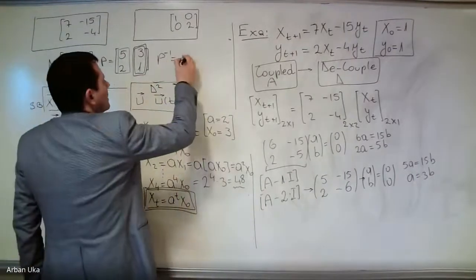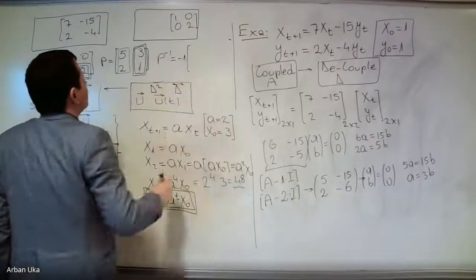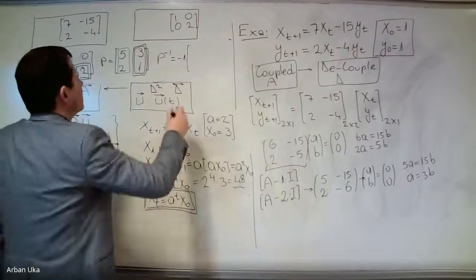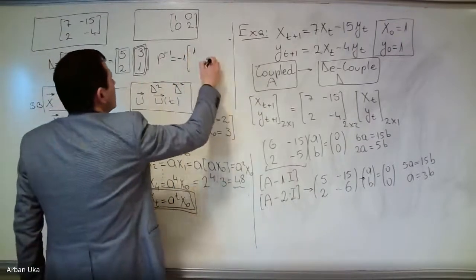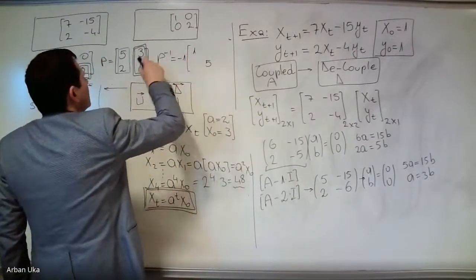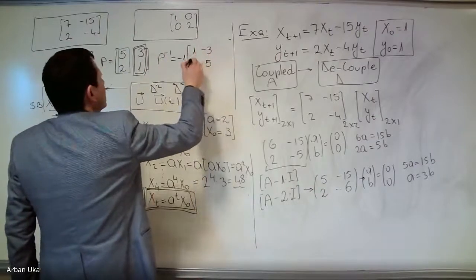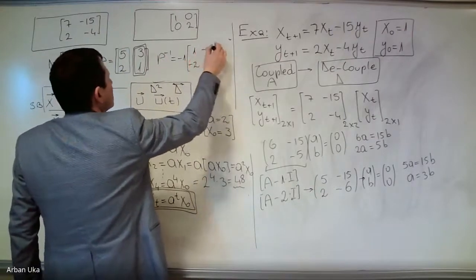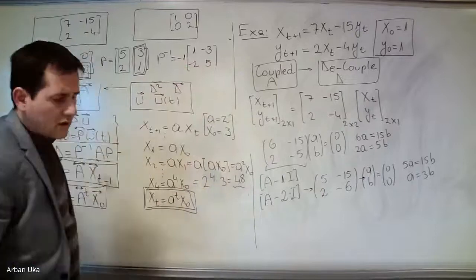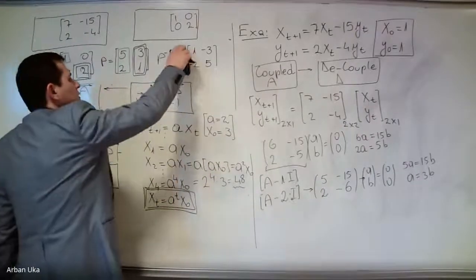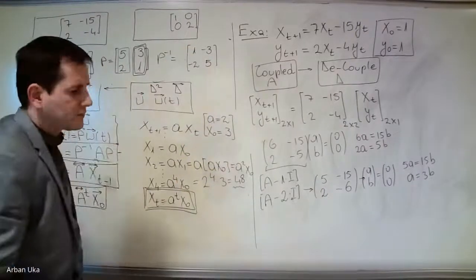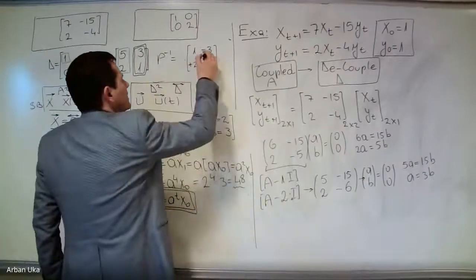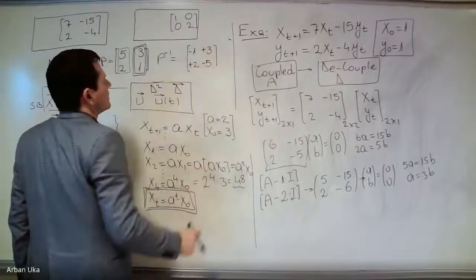So we have minus 1 times the matrix with 1 and 5, and minus 3, minus 2. The minus 1 goes inside, so the signs become plus, plus, minus, minus, okay?